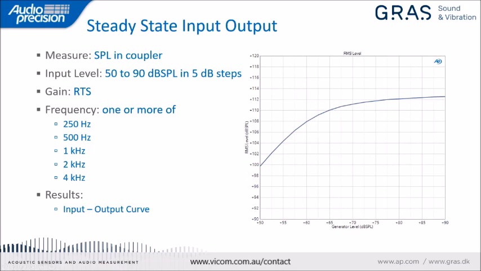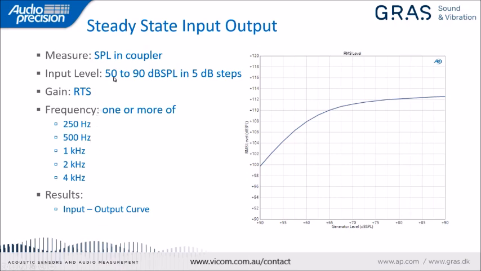This measurement is called steady state input-output, and for those of us involved in more conventional audio tests, we would call it a stepped level sweep. So this involves setting the hearing aid to a gain of reference test setting. We generate a sine signal at 1 or more of these frequencies, one at a time: 250, 500, 1 kilohertz, 2 kilohertz, or 4 kilohertz.